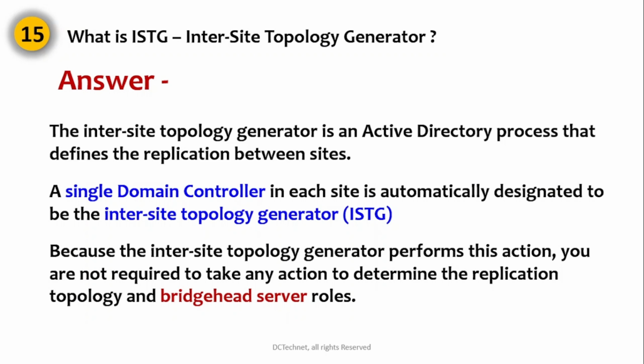I'm talking about the intersite replication topology. We also don't need to designate any domain controller as a bridgehead server, because ISTG will take care of defining the replication topology and defining the bridgehead server as well.